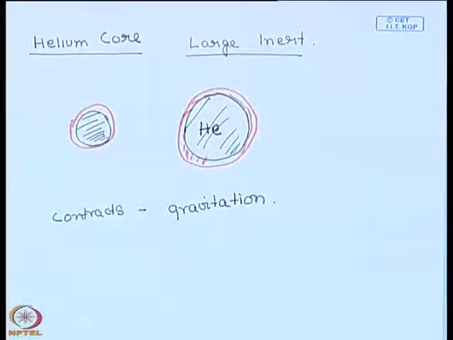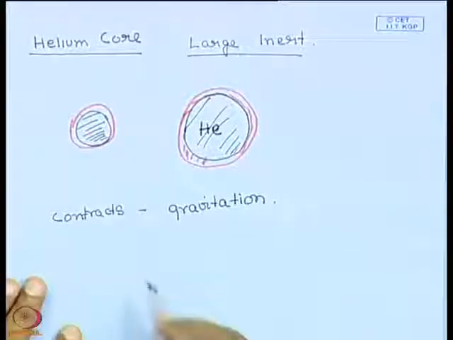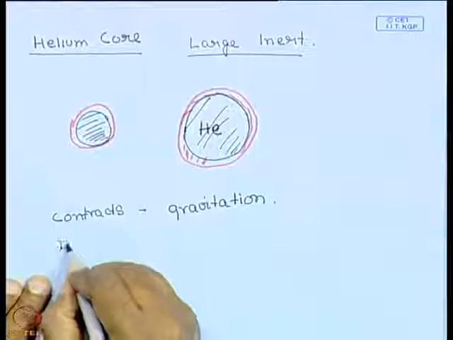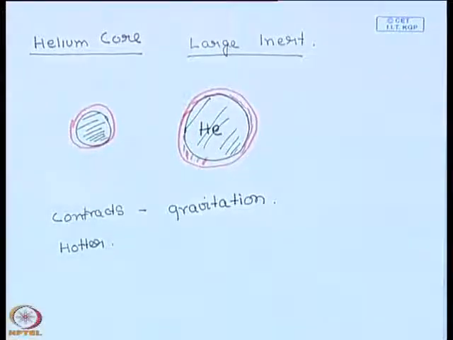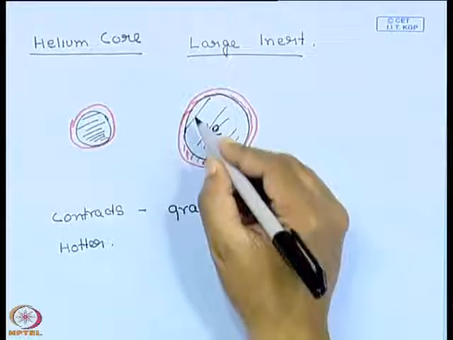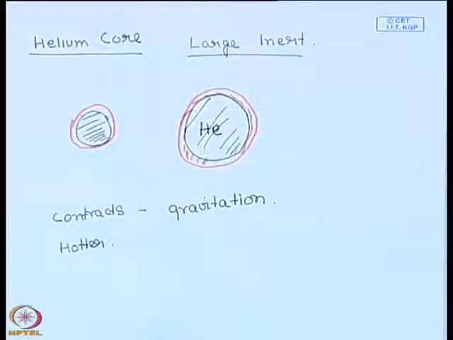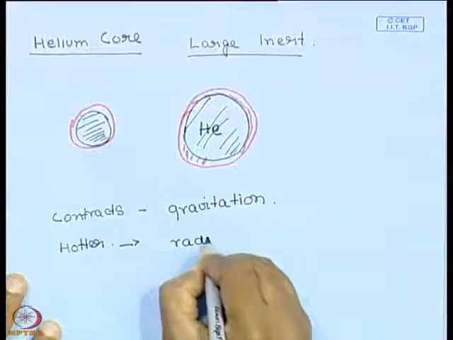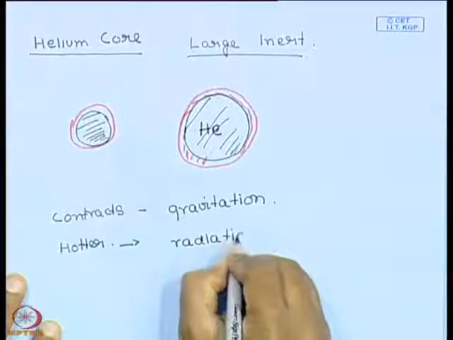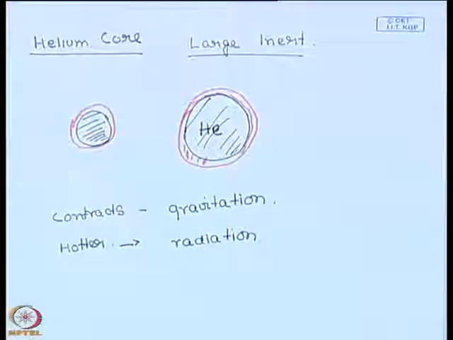what happens is it gets hotter. So, the core is contracting, it is getting hotter, and it emits radiation also in this process. This is simple virial theorem.